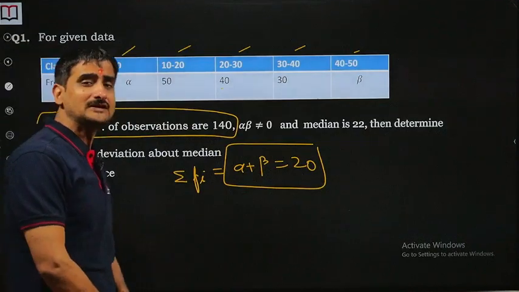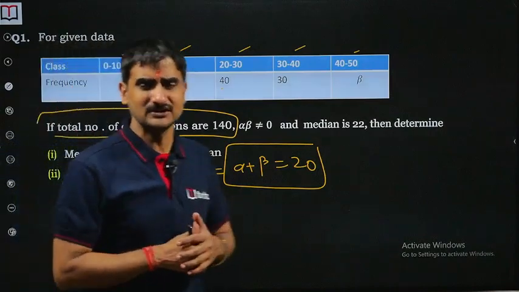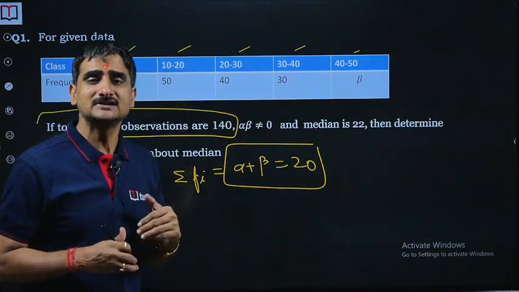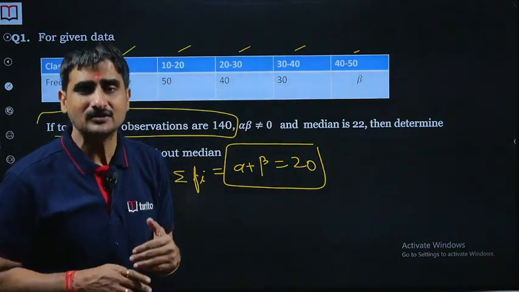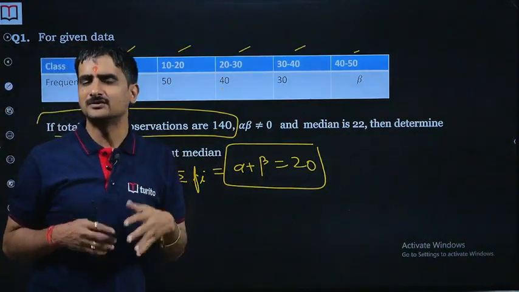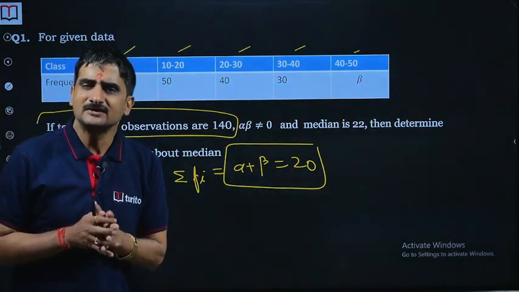Now see, what is the median? Sometimes students get confused with xi and fi, particularly in such cases. fi is the number of times an observation occurs. What is the observation? Here the class interval, or the marks, or the weight, or the salary, whatever it is, is the observation. That is our xi.